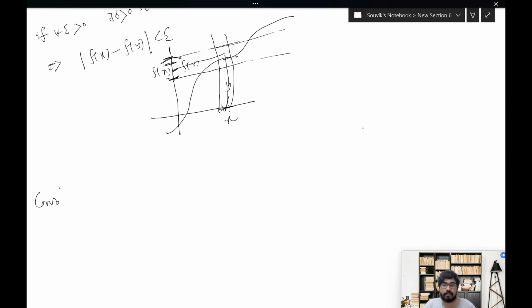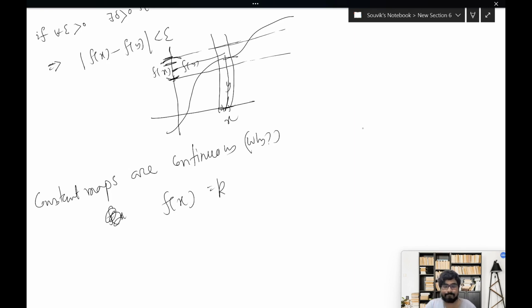The easiest example of continuity is that constant maps are continuous. Why? Suppose f is a map and f(x) equals k for all x belongs to some domain D, where D is the domain of f.